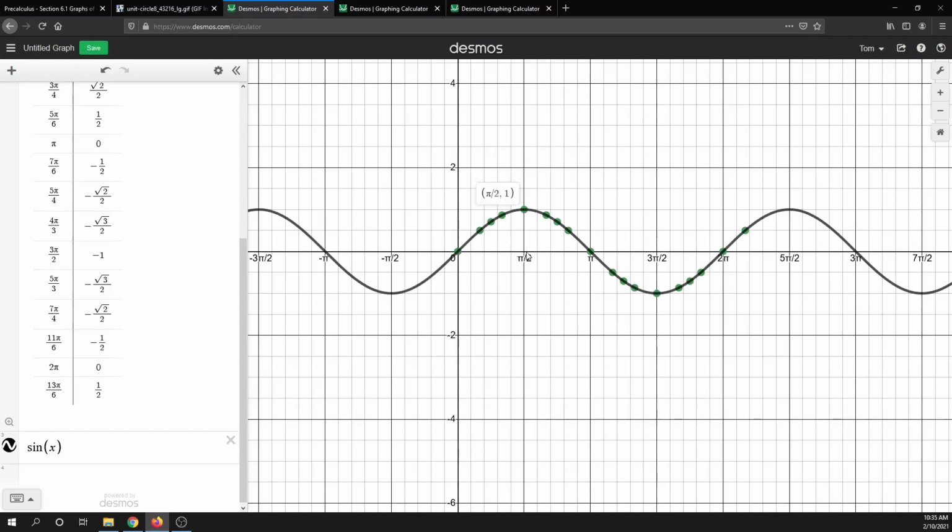You can see that the maximum point for the sine function, the first one to the right of the y-axis, is up here at pi over 2, and then 3 pi over 2 right down here at the bottom is where the first minimum value to the right is. Okay, so that's what the basic sine function looks like.